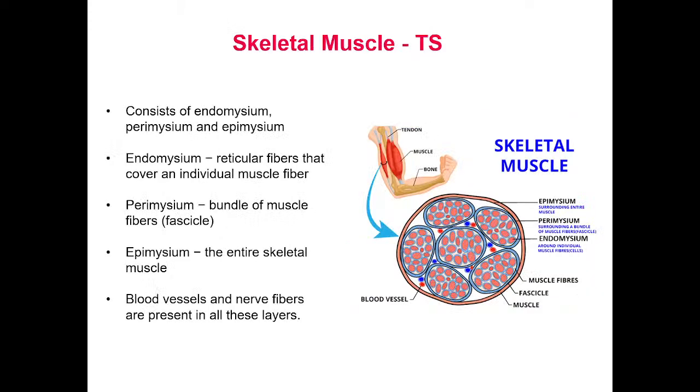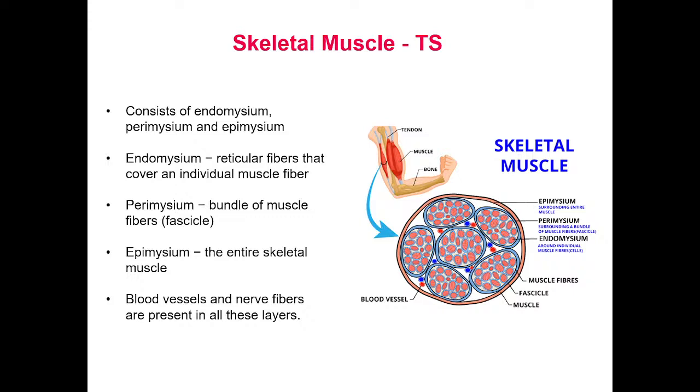Before that, let us have a look at how the skeletal muscle looks in transverse section. As we have discussed, the function of connective tissue is to connect and support. So connective tissue is surrounding the individual muscle fiber.